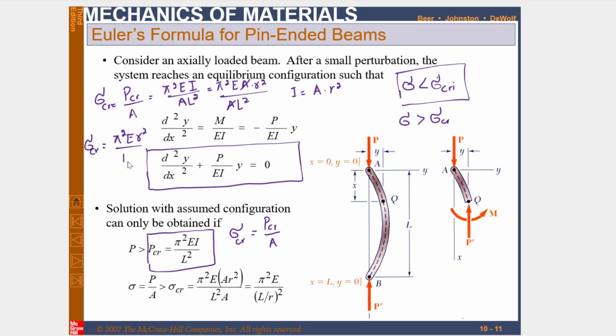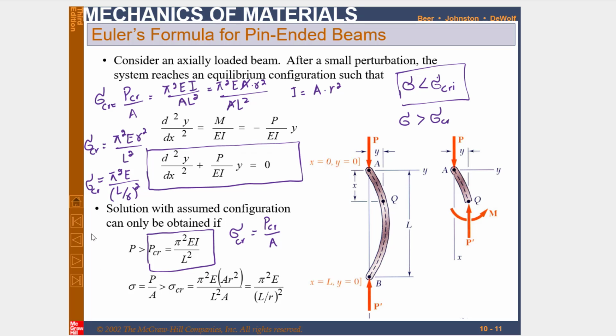If you divide by the square of the radius of gyration in denominator and numerator, you will get pi square E over L over r whole square. This is critical stress.